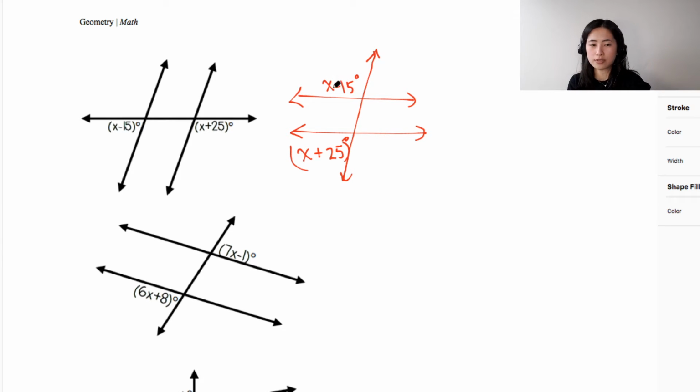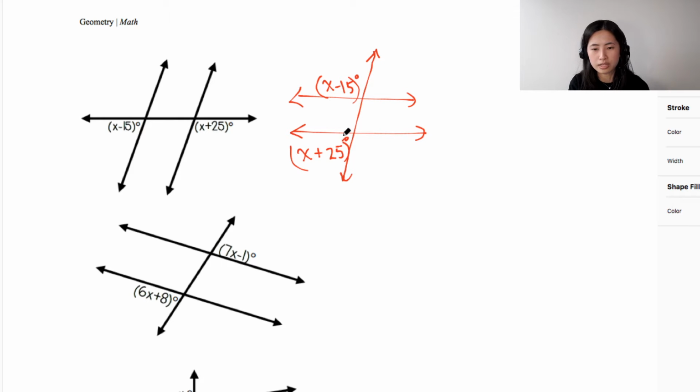Same side of the transversal means they're corresponding angles. They're also exterior angles. Remember what I said: if you have two parallel lines, anything that's outside is exterior. So they're exterior and corresponding angles.